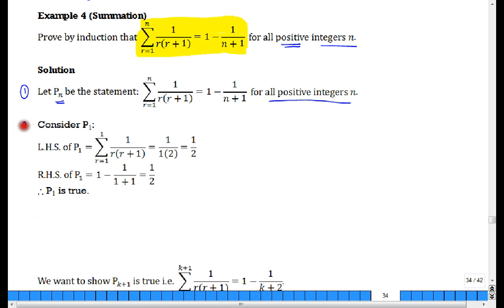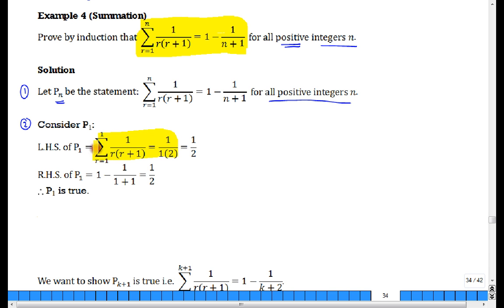Now, the second step is to consider the first case. In this problem, the smallest n is 1, so you consider P1. And as I said in example 3, you better write this.